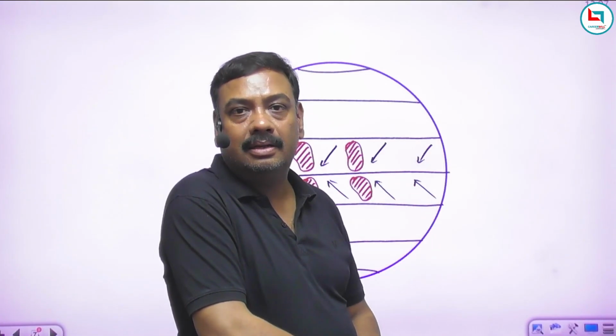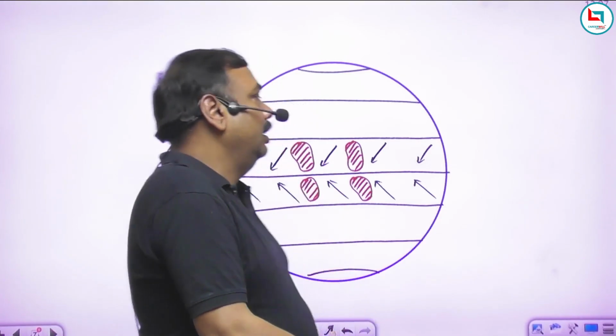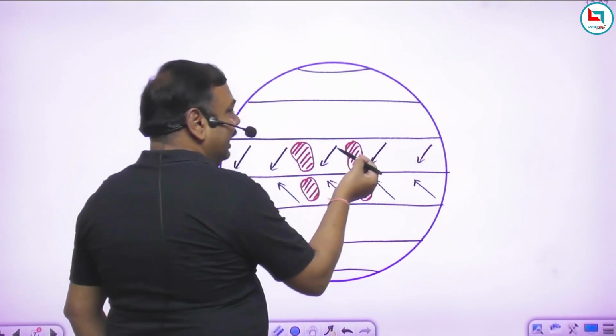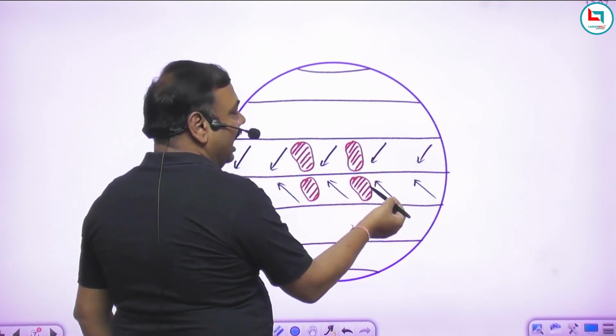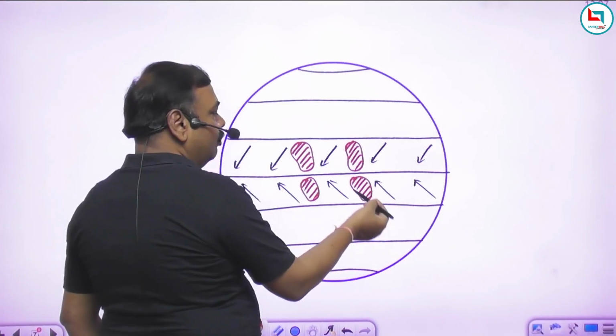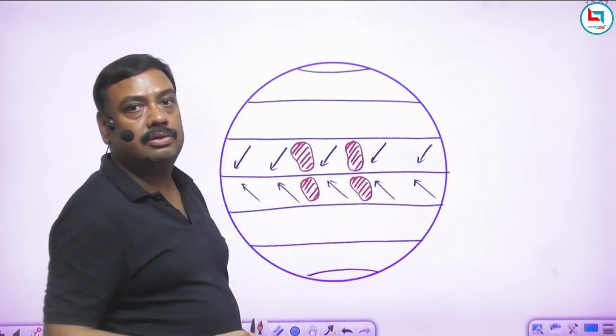Isn't it? It is, right? So whether it is the northern hemisphere or the southern hemisphere, the trade winds are onshore for the eastern coast and offshore for the western coast.